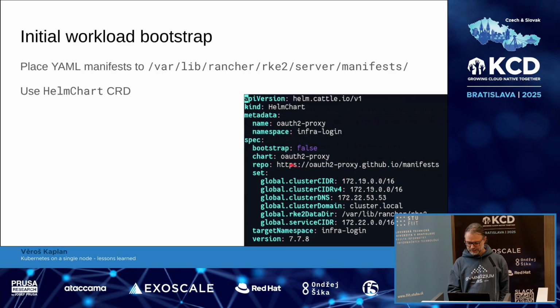I say, please install this Helm chart from this repo. We have some settings here, the values, and it's there. So for deploying, for example, the OAuth2 Proxy, I just use Ansible to deploy this one file, for example by template, to the directory, and it works, magic.